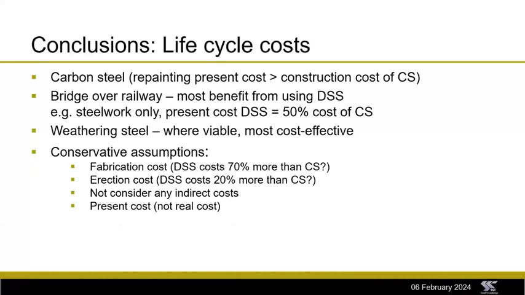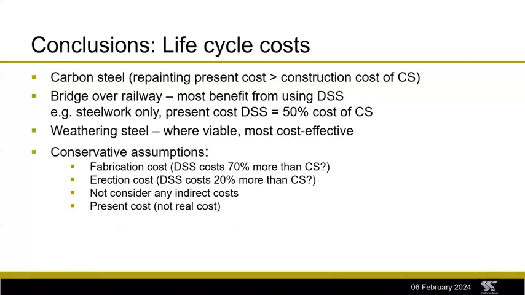So just wrapping up the conclusions from that study, carbon steel, the repainting, always looking at the present costs, the repainting present cost was greater than construction cost. And it was the bridge over the railways where you got the most benefit from using duplex stainless steel. A reminder that we made a number of conservative assumptions.